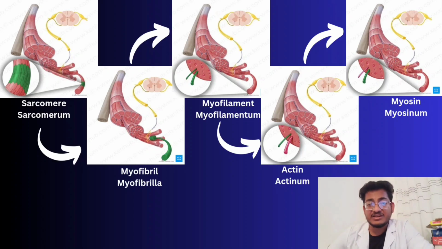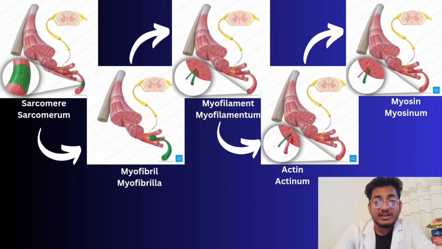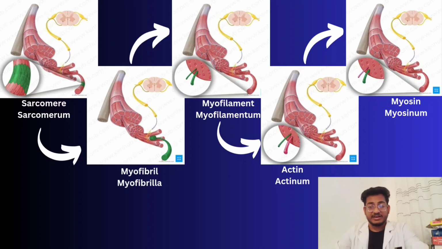Myofibrils are essentially chain-like structures composed of repeating contractile units known as sarcomeres. These are primarily composed of two protein myofilaments, the thin actin and the thick myosin, and are used for muscular contraction.